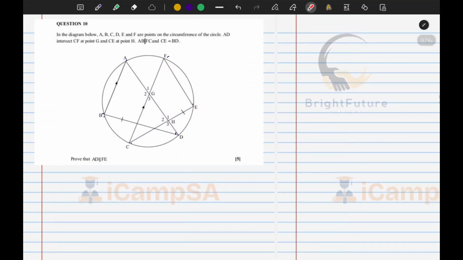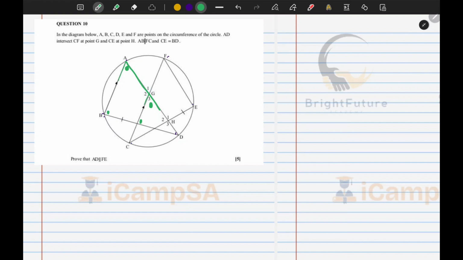Before we start proving, if these lines are parallel, that means this angle is going to be equal to this angle. Why? Because they are corresponding angles. They make an F. And then this means that even these ones would be equal.